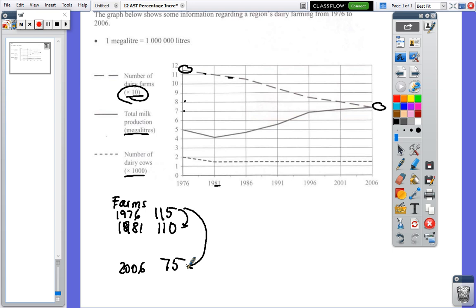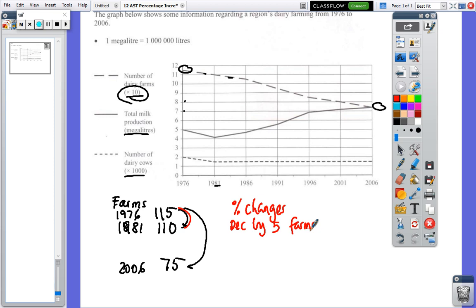Okay, so we're talking about percentage changes. In the first 5 years, it's decreasing by 5 farms.